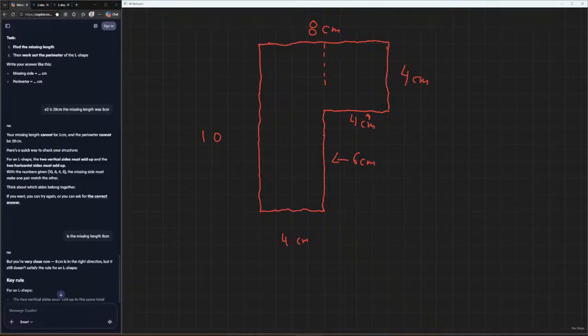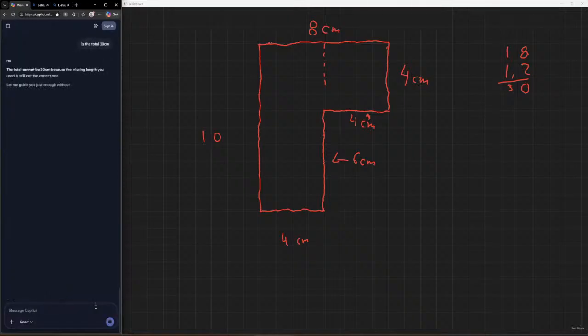Okay. 10 plus 8 is 18, and then what? 4 plus 4 plus 12. No, of course it's not.